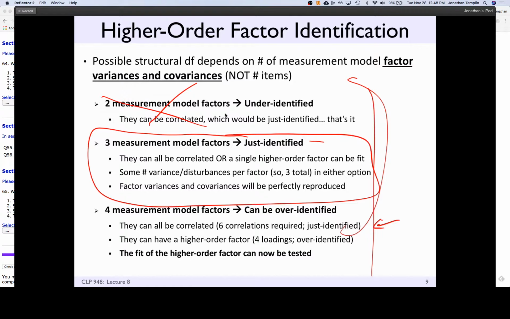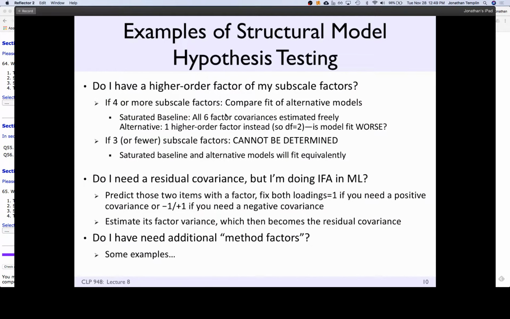If you have a higher order factor that's measured by 4 and another one that's measured by 2, you can get away with that if they're correlated, right? There's certain combinations of these that will be allowed, but you have to work through the math on it to figure out. So this is hypothesis testing that you typically say: do I have a higher order factor of my subscale factors, right?